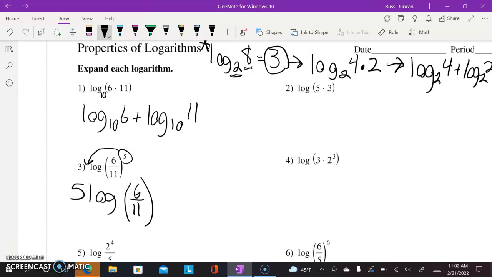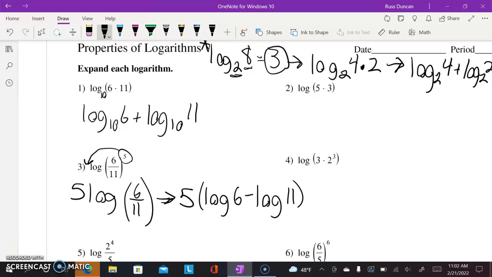So I can bring this 5, if it's a power of the entire thing, I can bring it out to the front. Well, then I can write this as 5. Now, I'm going to put this in parentheses because of all of this being inside. This would be 5 of log of 6, remember, these are all base 10 on this page, minus log 11.